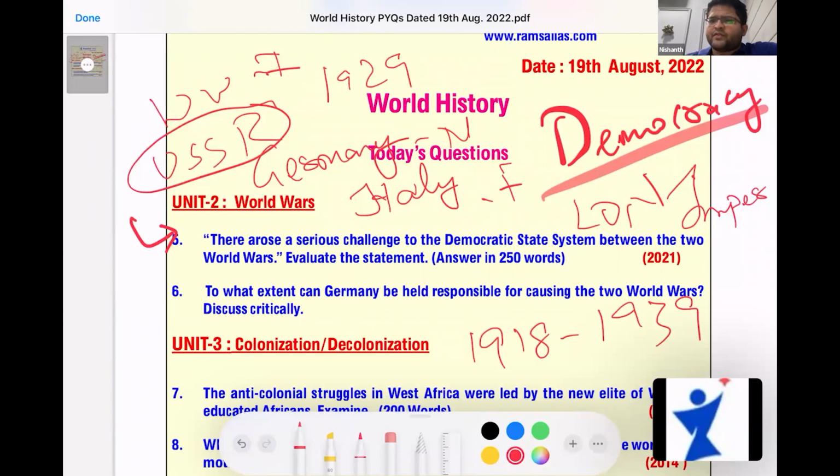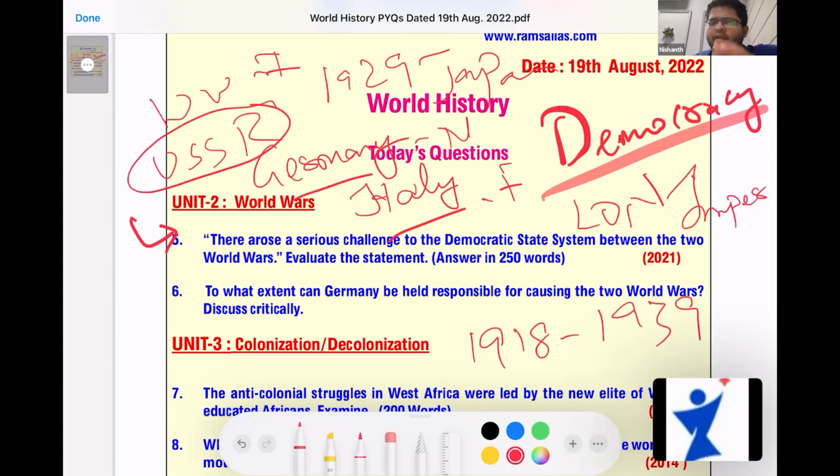Then Germany and Italy, and the Japanese acting as an imperialistic power. So all these are threats to democracy between World War One and World War Two.